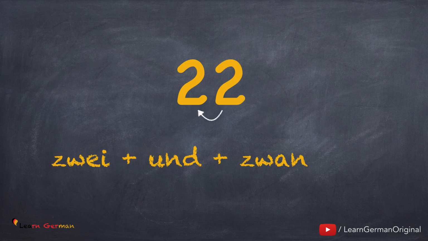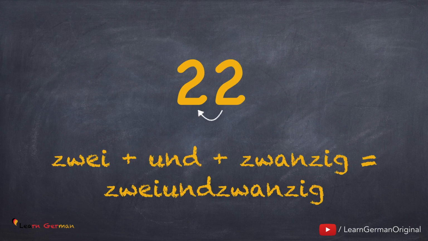We start from the number which is at the units place, in this case 2, and then we go on to the number which is at the tens place, that is 20. So when you bring 2 and 20 together, you get 22. Noch einmal 22.